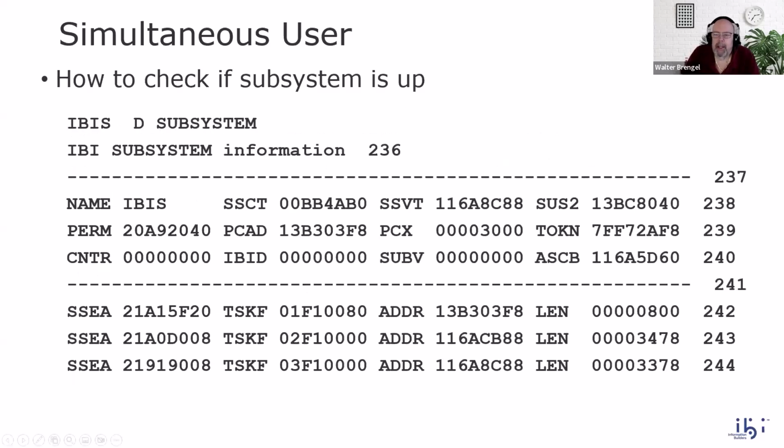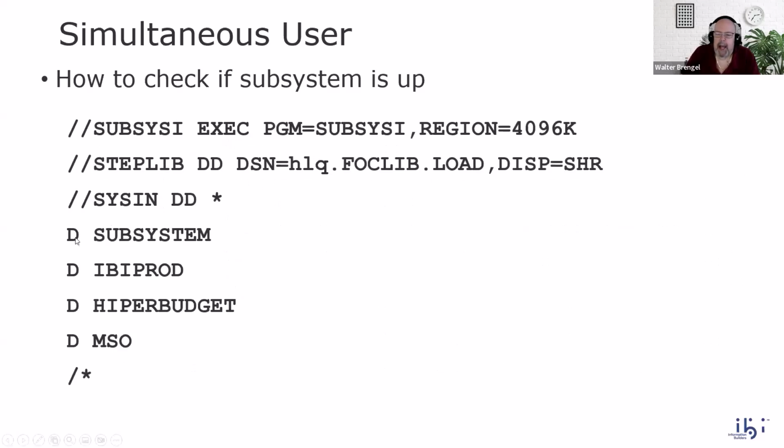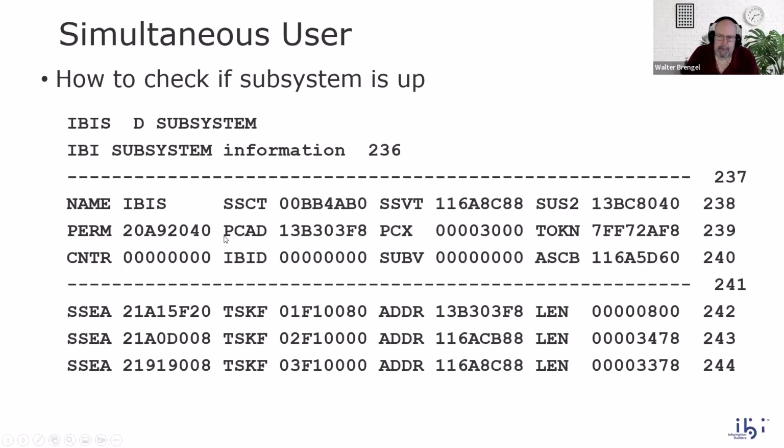And if it's working, you're going to see some information. So here I have the name is IBIS, and then some other pointer information. Notice the first line has IBIS D SUBSYSTEM. So if I go to the previous screen, I said D SUBSYSTEM. So this procedure will prefix each command with the name of the subsystem, in this case, IBIS.